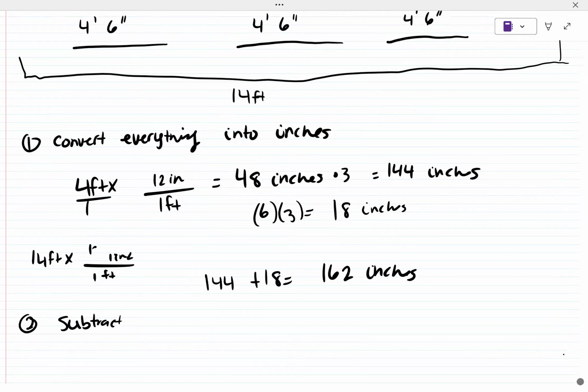For 1 foot, there's 12 inches, and then 14 times 12 is 168 inches. So what you're going to do is subtract 162 from 168, from these three pieces of boards, and you get 6 inches. So that is basically what's left over.